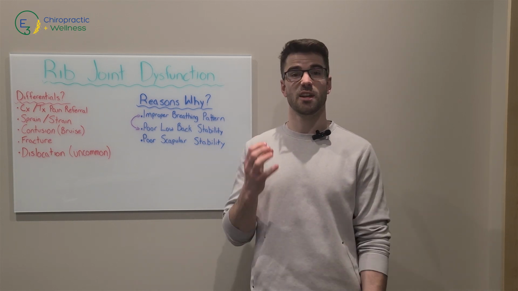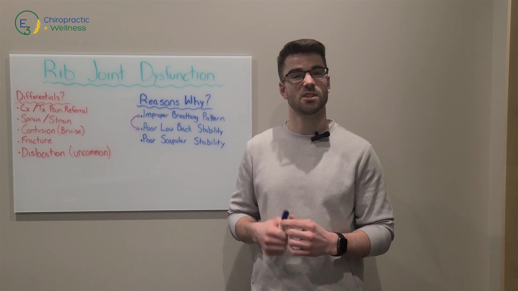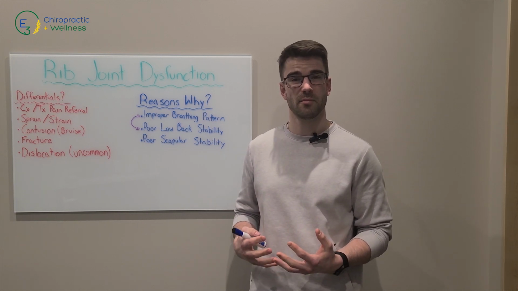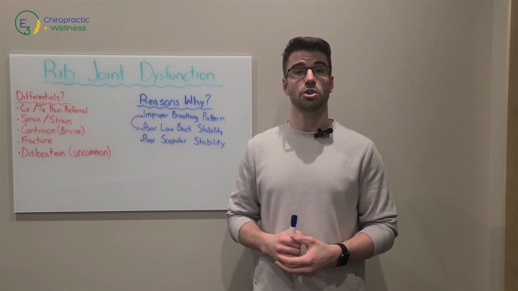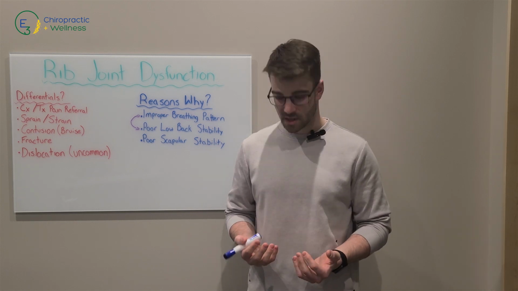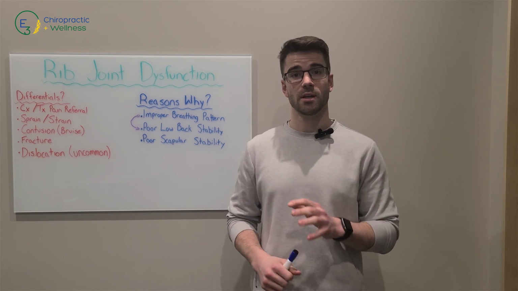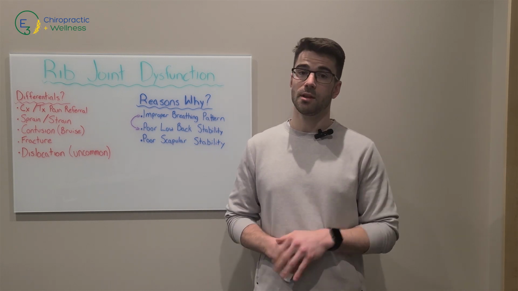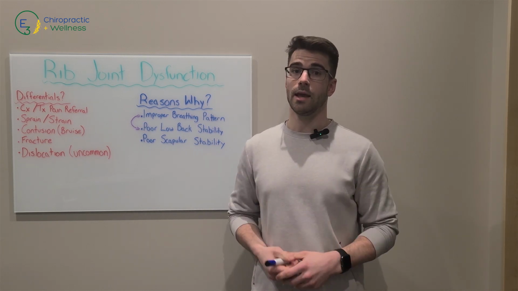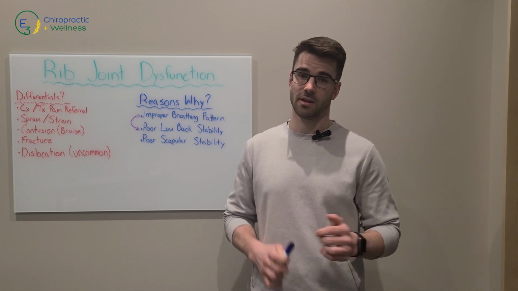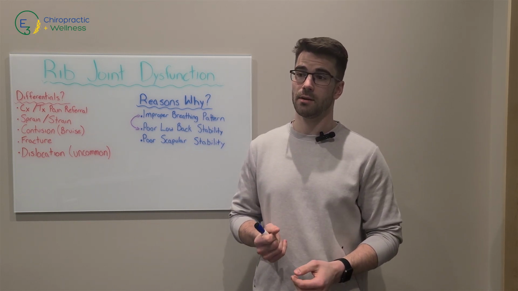It can feel like a big knot of muscle that you constantly need to roll out to feel a little better. It can feel quite sharp with certain movements of the neck, certain movements of the shoulders, or that twisting, lateral bending movement. It's typically really painful with a deep breath in and out, and even coughing can sometimes recreate that sharp pain.